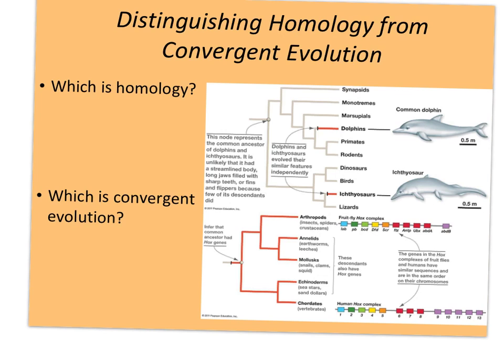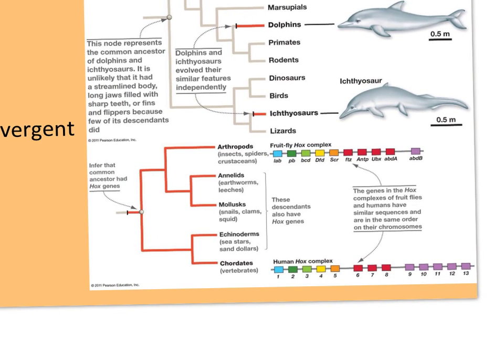So now if you actually look down below, these are Hox genes that control development. Where the head, the limbs, the thorax, where everything is. It turns out that fruit fly Hox genes and human Hox complex genes, we share a lot of the same genes.